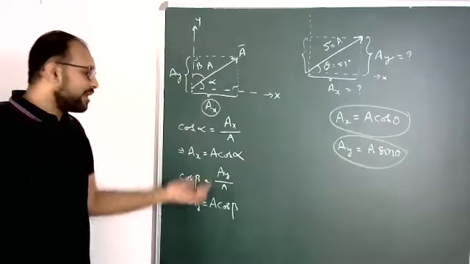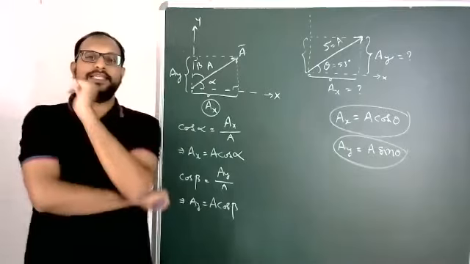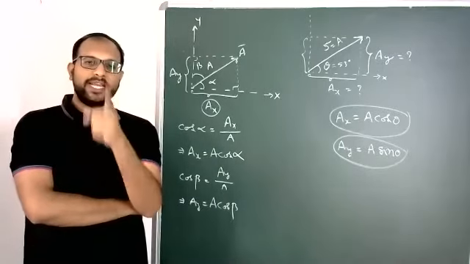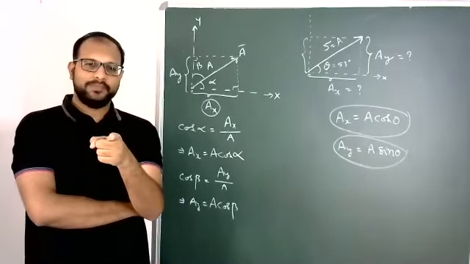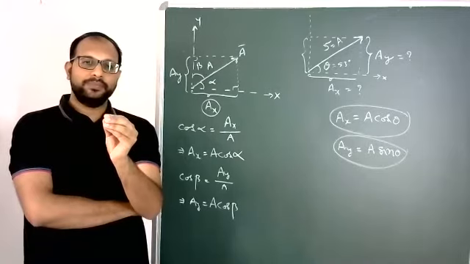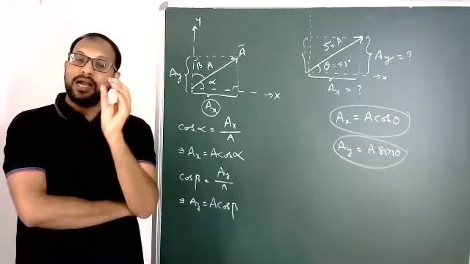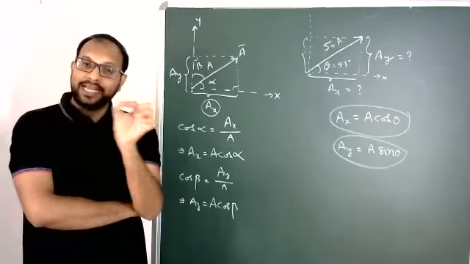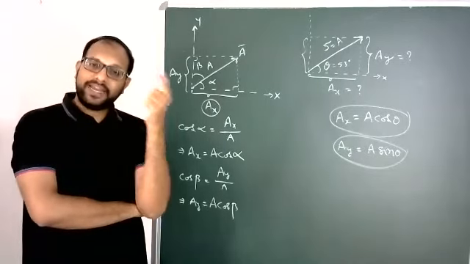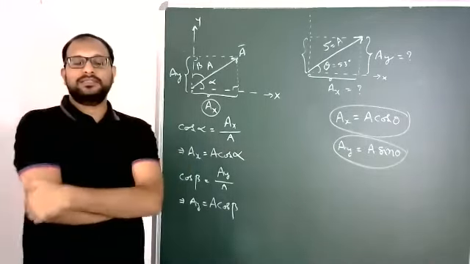But why I have written it in this form, there is one logic here. Suppose you need the x component. Ax equals A into cos of the angle made by the vector with the x-axis. For the x component, you need to consider the angle made by the vector with the x-axis.